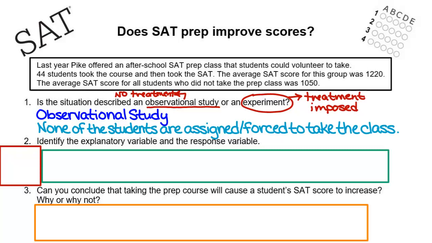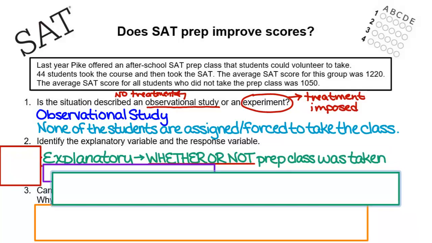Identify the explanatory variable and the response variable. Super close. We just need to clean it up a little bit. You're not completely wrong. It's just not fully correct. Explanatory, taking the class. Whether or not they take the class. We have to look at both possible treatments here.